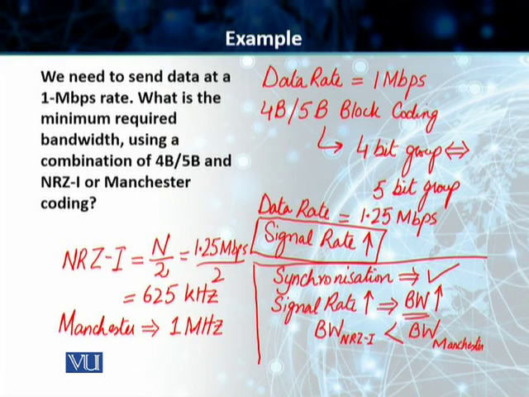So we are still good. This is a tick mark as well. Students, a disadvantage of using block coding is that we still have not solved or gotten rid of the DC component problem.